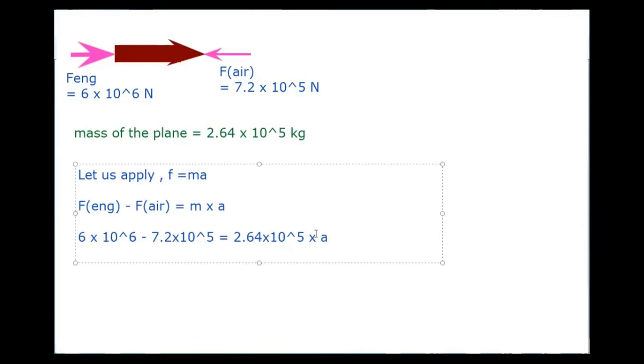Let me show you here. Here I have 10 to the power 5, here also I have 10 to the power 5, and here I have 10 to the power 6. It's better to have 10 to the power 5 here, then I can cancel out all the 10 to the power 5 terms. So I want to convert this 10 to the power 6 into 10 to the power 5. I can take one of the zeros to this side and make this 6 into 60.